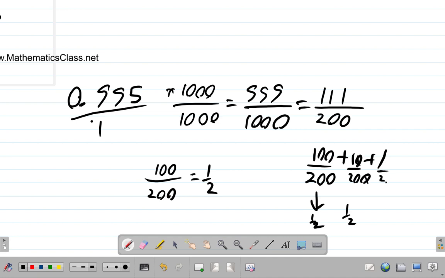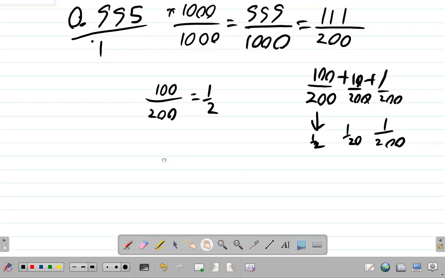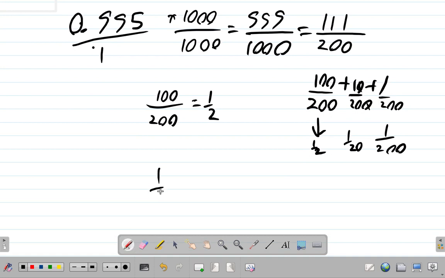And then 1 over 200. If you add them now, half plus 1 over 20 plus 1 over 200, you try a thing with that.